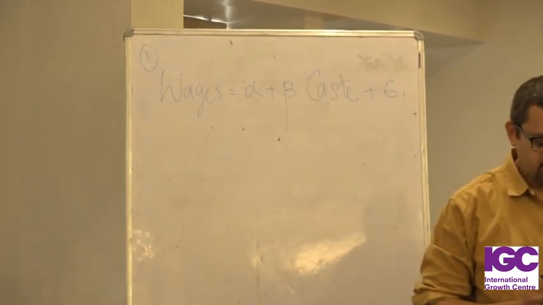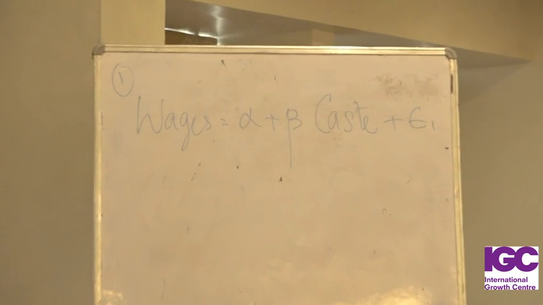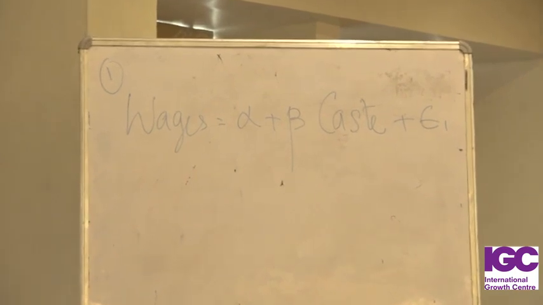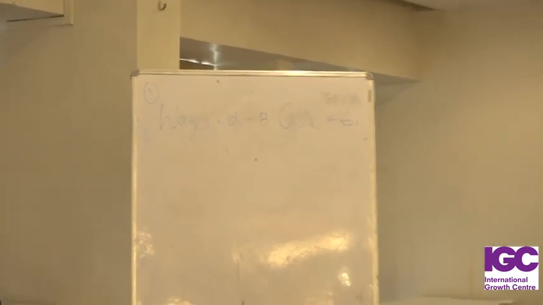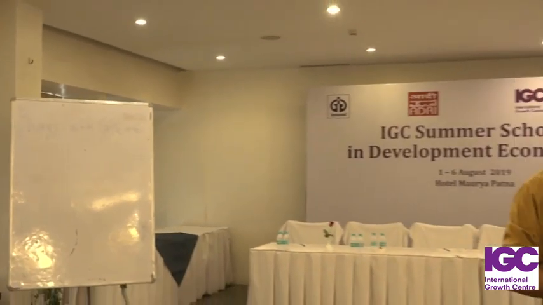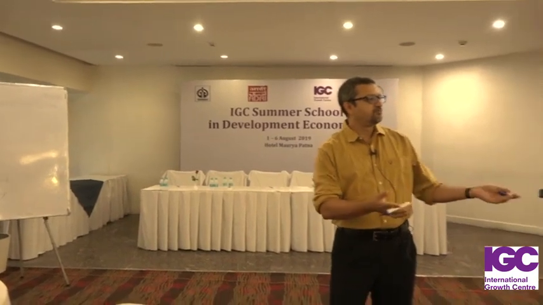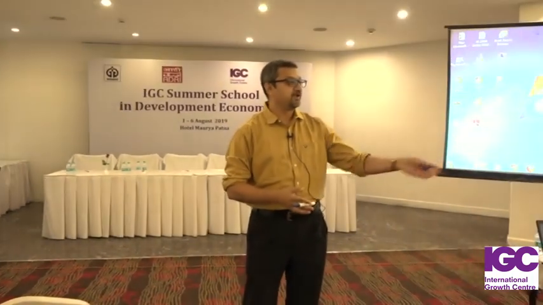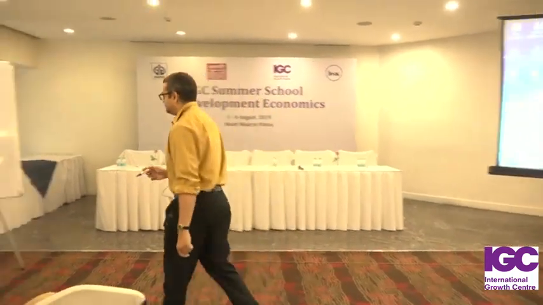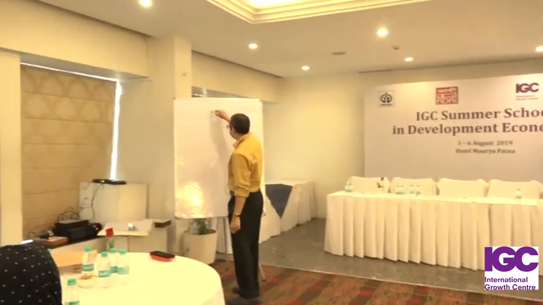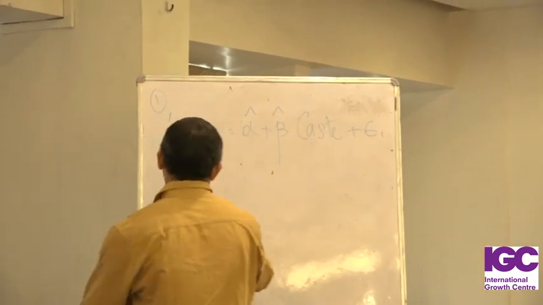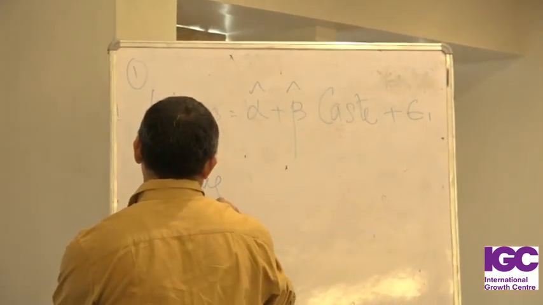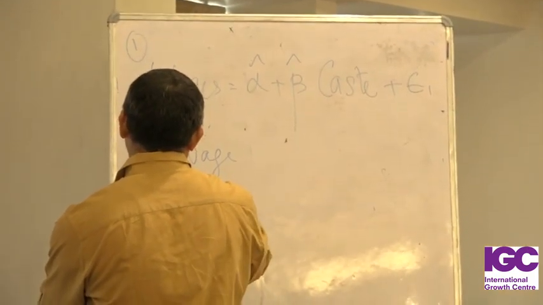First exercise is I run a bivariate regression, or basically just one variable, right, of caste and wages. Okay. Very close to your idea. Now for every person in a different caste, I can predict a level of wages, right? So if I estimate these things, you give me a caste, I can give you a predicted wage.